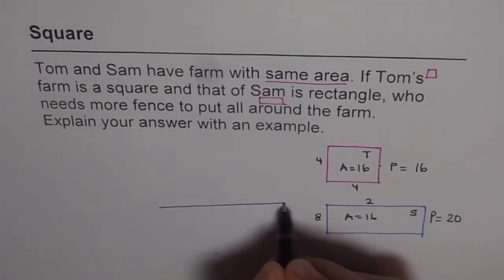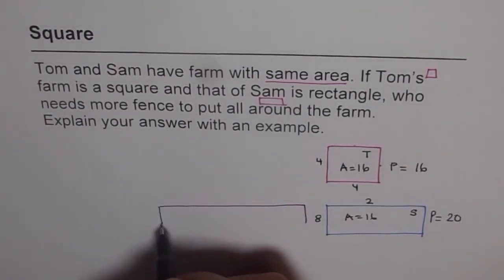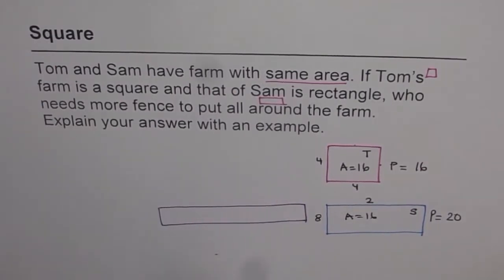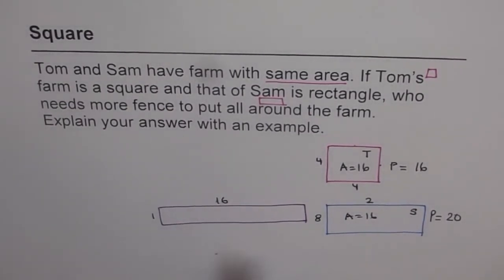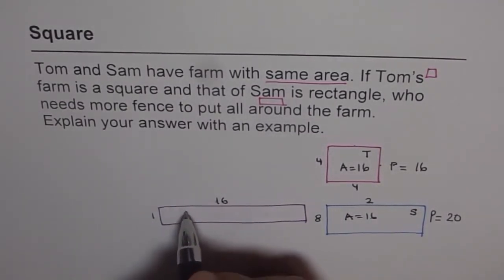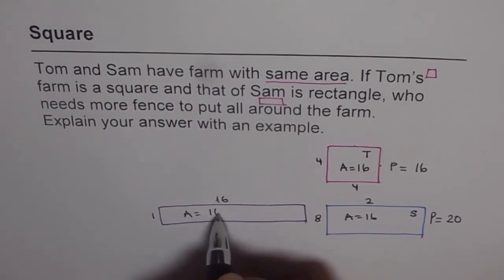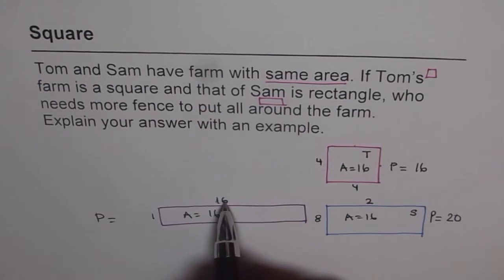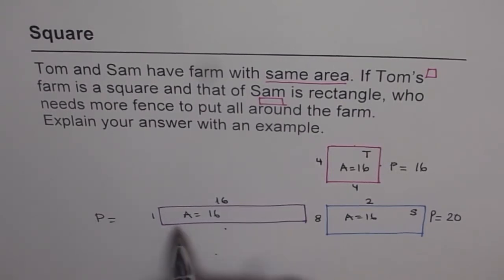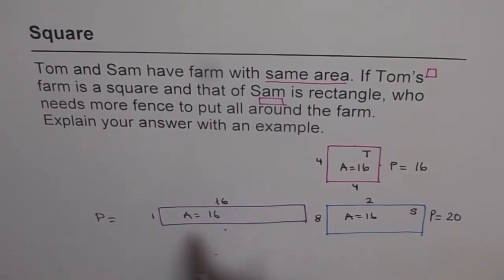So much longer. In this case, the area is still 16, but how about the perimeter? The perimeter will be 16 plus 16 is 32, 33, 34.